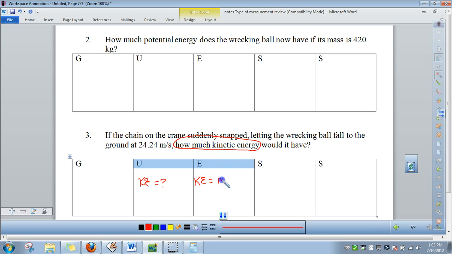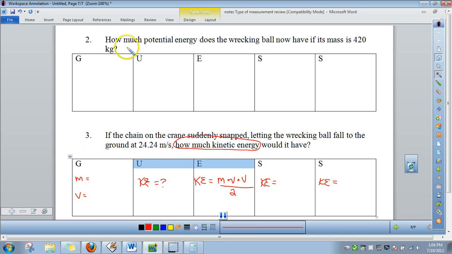I'm going to use mass times velocity squared, mv squared divided by 2. Now let's see if we can fill in the given information. Oops. Kinetic energy is what we're looking for, so we don't already know it. Mass, and we need to know velocity.